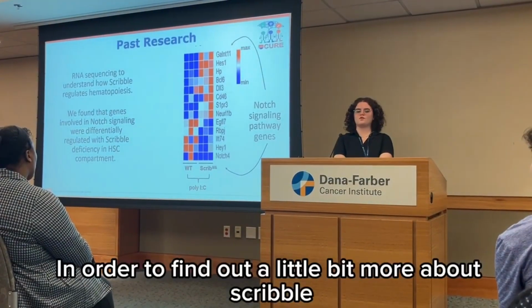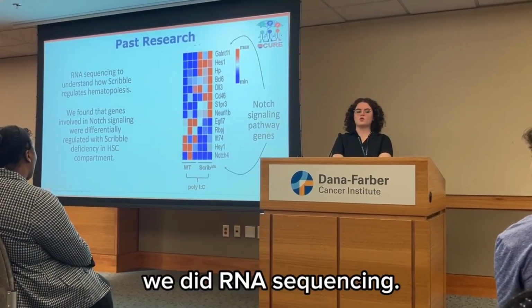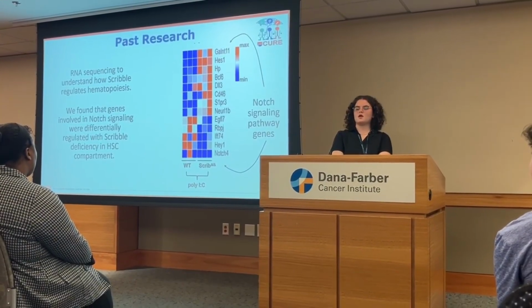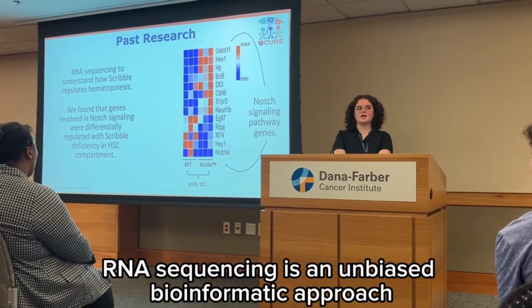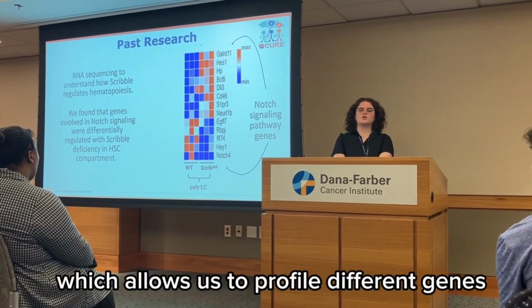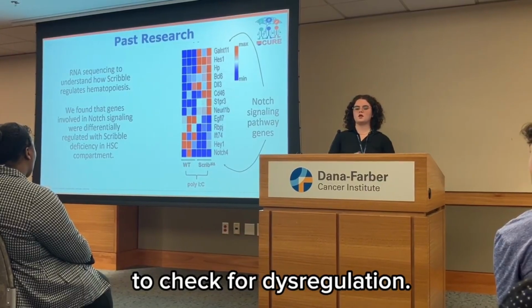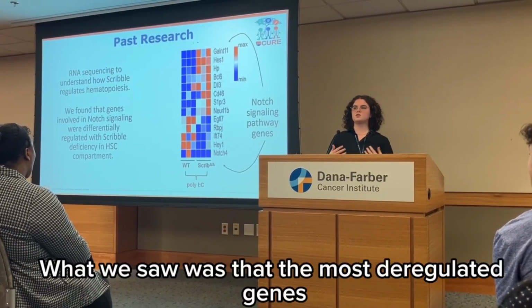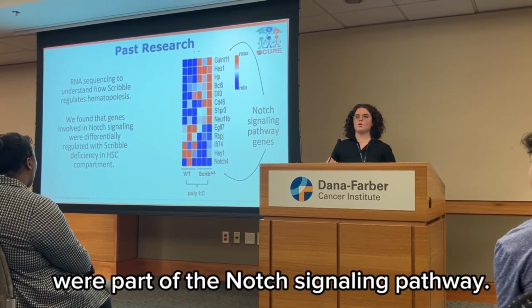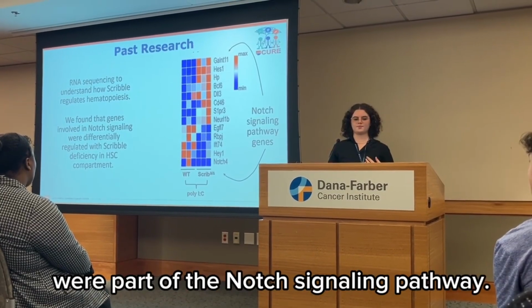In order to find out a little bit more about scribble, we did RNA sequencing. RNA sequencing is an unbiased bioinformatic approach, which allows us to profile different genes to check for dysregulation. What we saw was that the most dysregulated genes were part of the Notch signaling pathway.